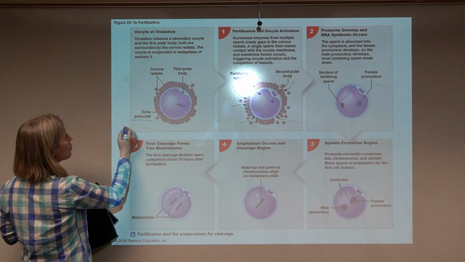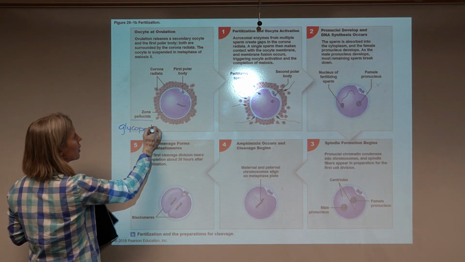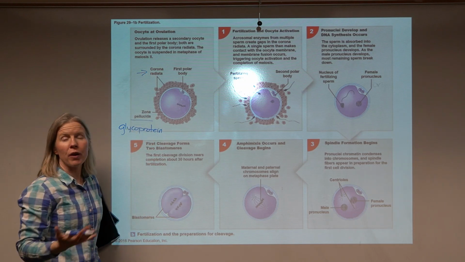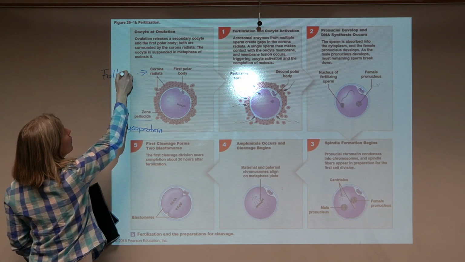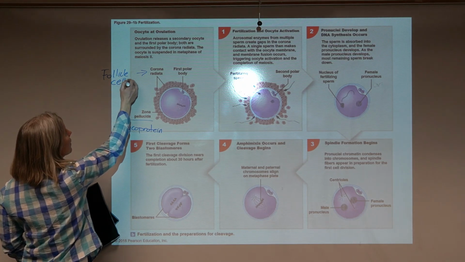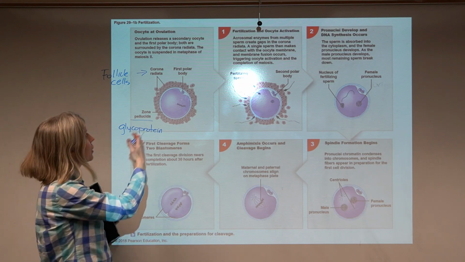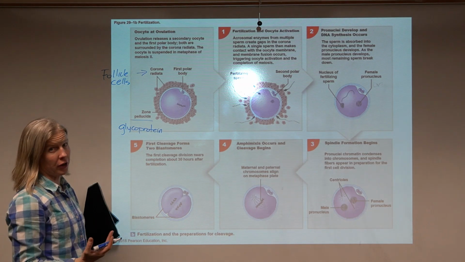Recall this zona pellucida is glycoprotein. We also have the corona radiata. These are actually follicle cells that left the ovary with that oocyte. Both of these layers are serving as some protection here, right?